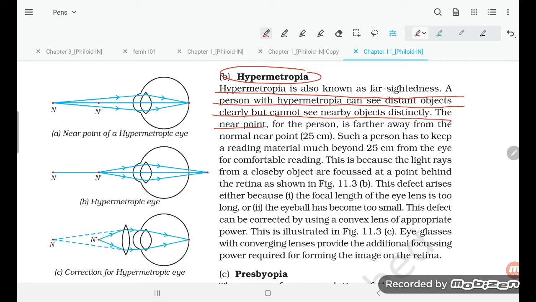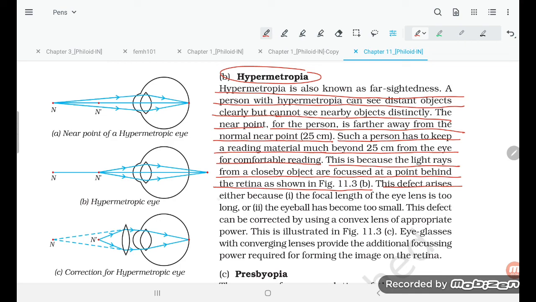The near point for the person is farther away from the normal near point, 25 centimeters. Such a person has to keep reading material much beyond 25 centimeters from the eye for comfortable reading. This is because the light rays from a nearby object are focused at a point behind the retina, as shown in figure 11.3b.